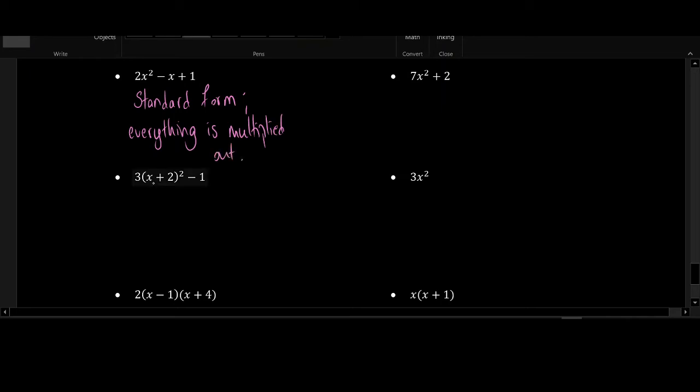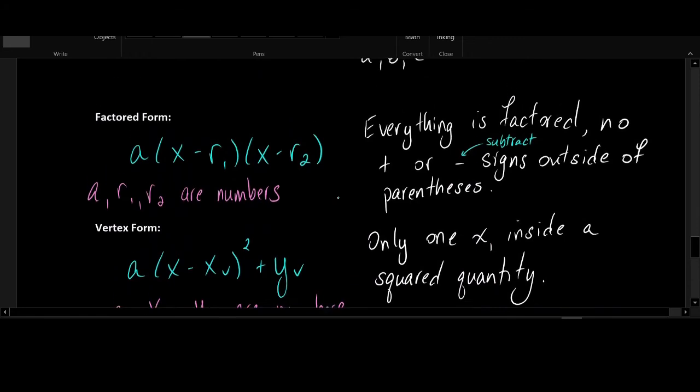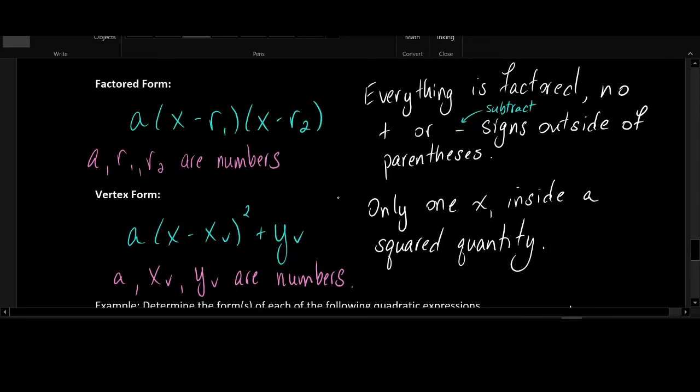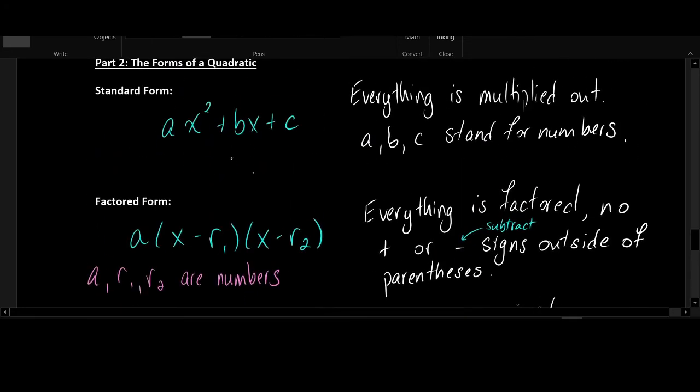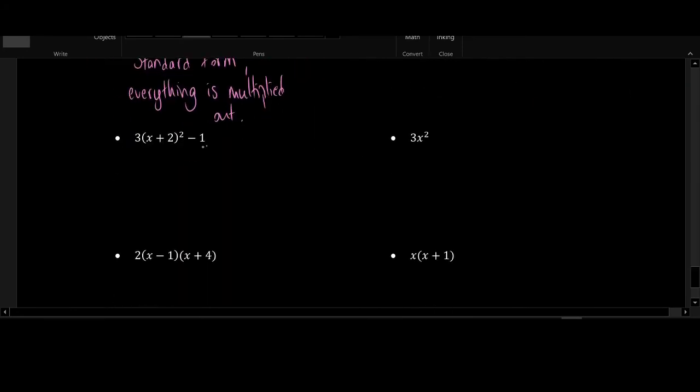Let's have a look at this second expression. Here we have 3x minus 2 quantity squared, take away 1. So we have 3x with a number inside of a squared quantity, and then on the outside, take away 1. Let's see which of those formats this is written in. Well, it definitely can't be in standard form, because I could still do some work to simplify this by multiplying out.